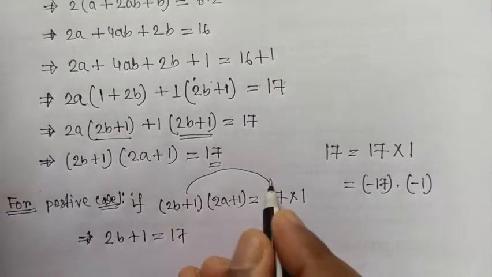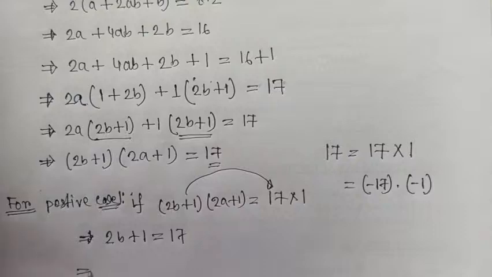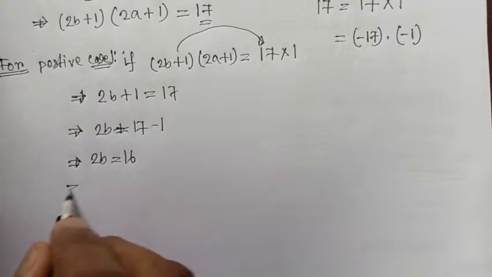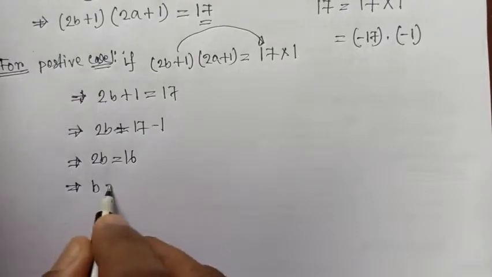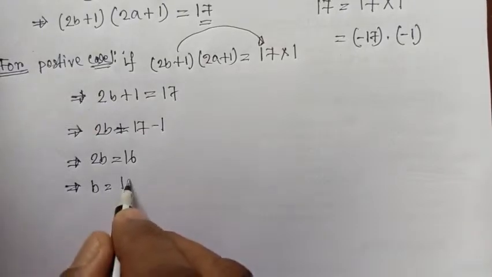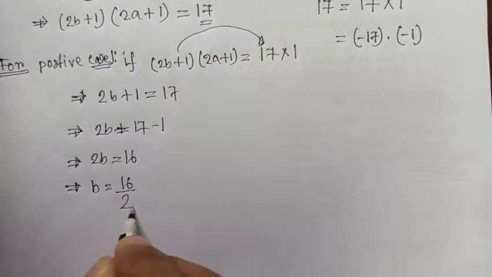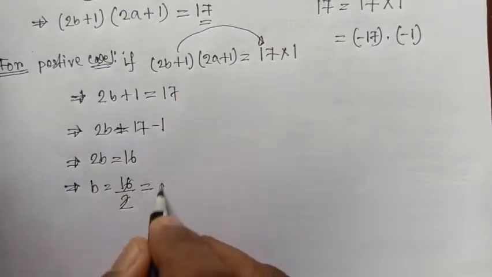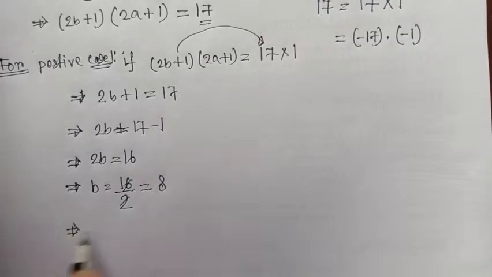So we are getting 2b equals 17 minus 1, 2b equals 16, or b equals 16 by 2, which is 8. So we are getting the value of b equals 8.